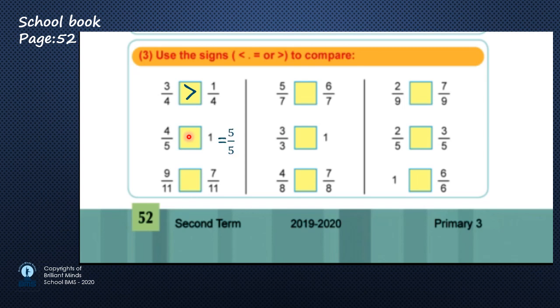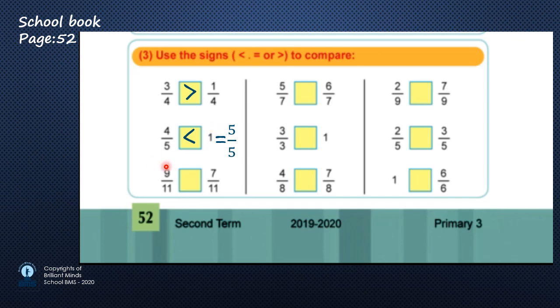So I will put here 5 over 5. Then I'm gonna compare. Same D, so 4 and 5. 4 is less than 5, so I'm gonna put less than. And you must also know that 1 is the greatest fraction, okay?